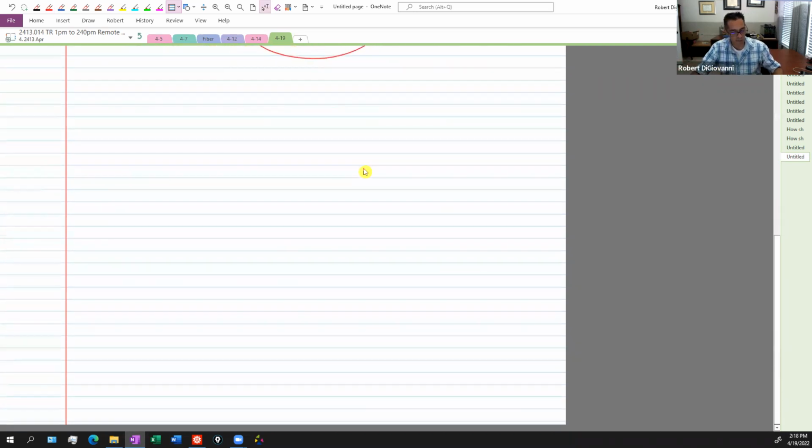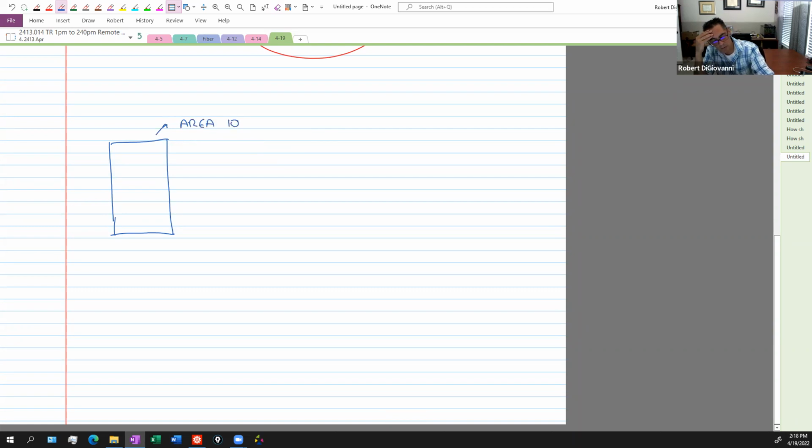So here, let's do it. I'm going to build my thing here. What am I trying to do? Let me write this down. I want the area of this to be 100 square feet. What's the objective here?